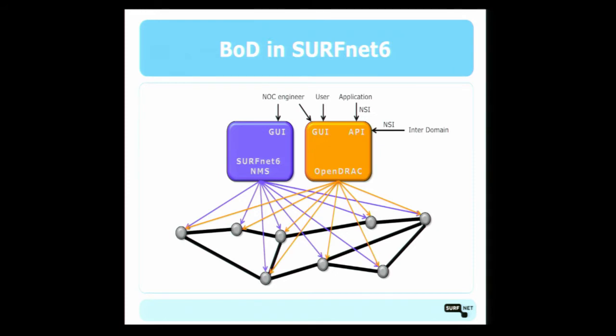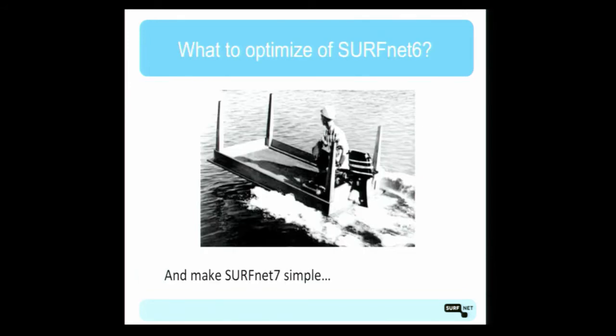So these chassis are the same, but you need to split them up into 2 layers. So probably good for some improvements there. So what to optimize about SURFnet 6 and make SURFnet 7, yeah, simple. But even though we wanted to do all the nice things we expect from it.